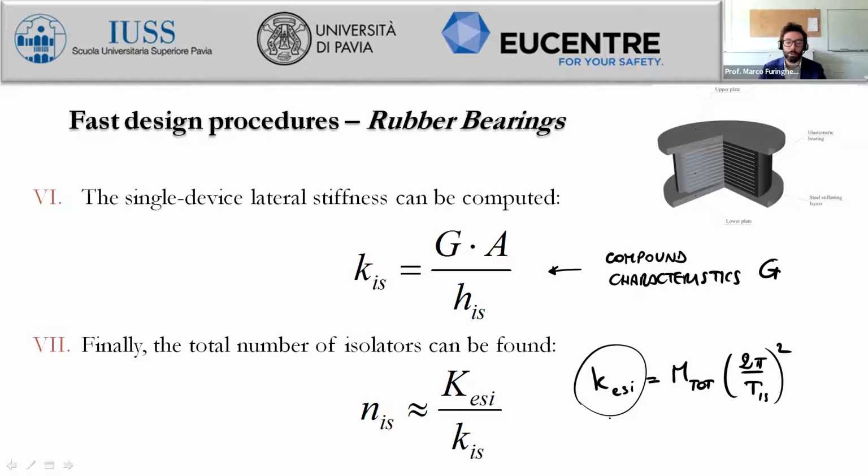So in order to come up with the number of isolators, we have just to divide the total, the global stiffness coefficient by the single device lateral stiffness. And so we will come up with a number, and obviously the total number of isolators makes sense only if it is an integer.